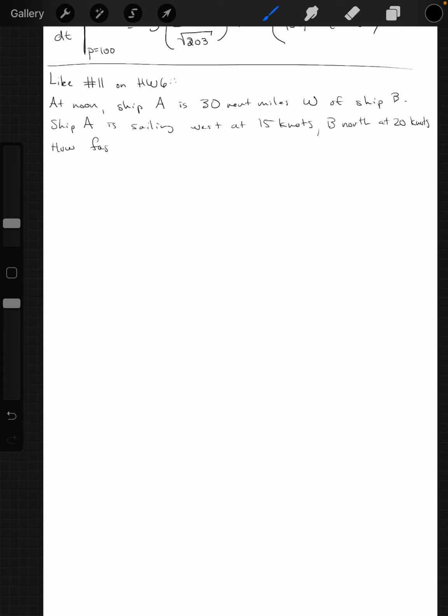How fast is the distance changing at 4 p.m.?